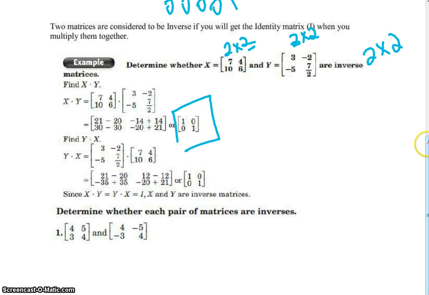So, looking at number 1, determine if they are inverses. This is going to be a 2 by 2. And you're going to say 4 times 4 plus 5 times negative 3.